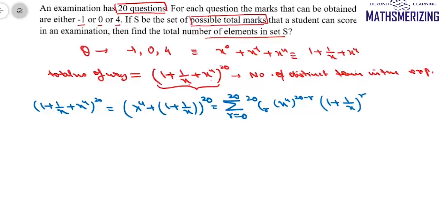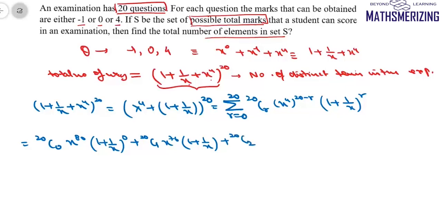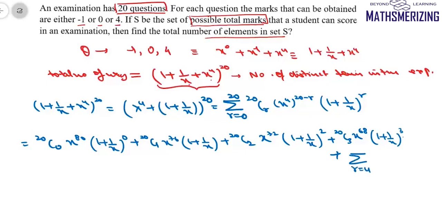Now if I expand this series, I can write it as 20C0 x to the power 80, 1 plus 1 upon x to the power 0, 20C1 x to the power 76, 1 plus 1 upon x, 20C2 x to the power 72, 1 plus 1 upon x whole square, 20C3 x to the power 68, 1 plus 1 upon x to the power 3, and then plus this summation where r varies from 4 to 20, x to the power 20 minus r into 1 plus 1 upon x to the power r.